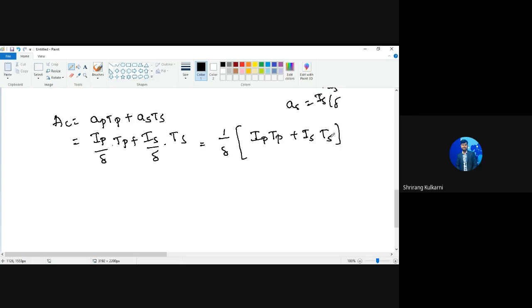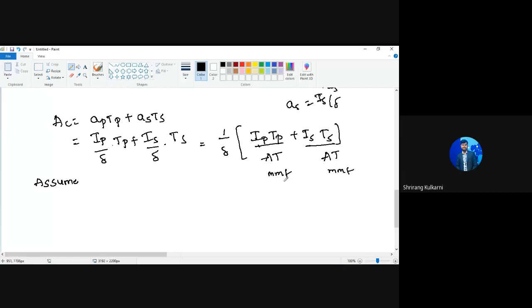What is the next step? IP TP is nothing but, as we have studied in the basics part, just like an ampere turn. So again we have to assume. Ampere turn is nothing but MMF.